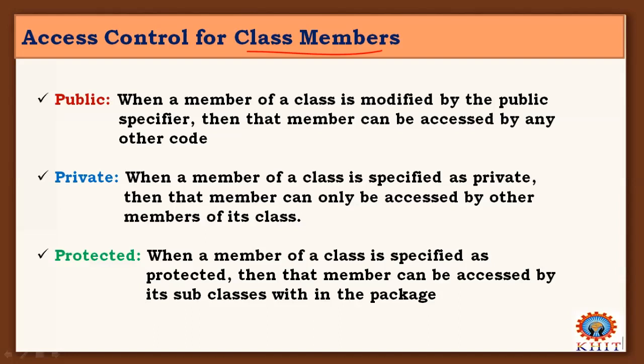And the third type of access specifier is protected. When a member of a class is specified as protected, then that member can be accessed by its subclasses within the package. And you all learned about protected in C++.